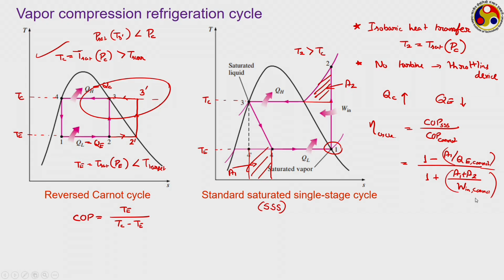So, any increase in A1, A2 will reduce the efficiency of this cycle, and accordingly the COP for this SSS cycle will always be less than the COP for the Carnot cycle.